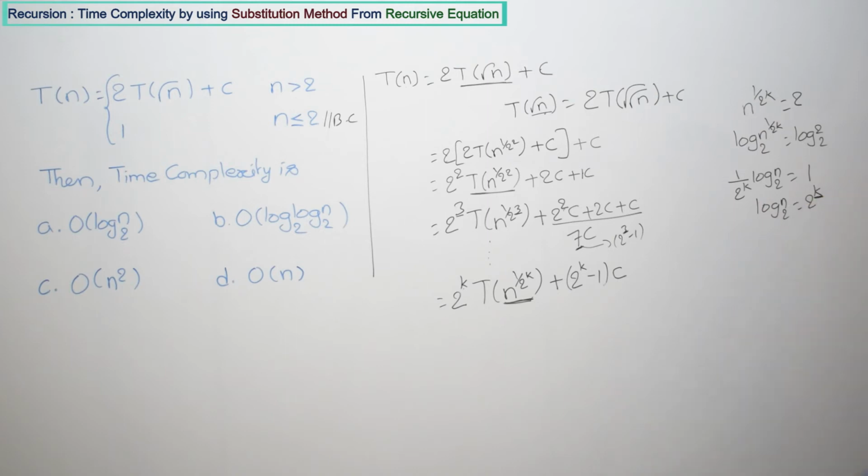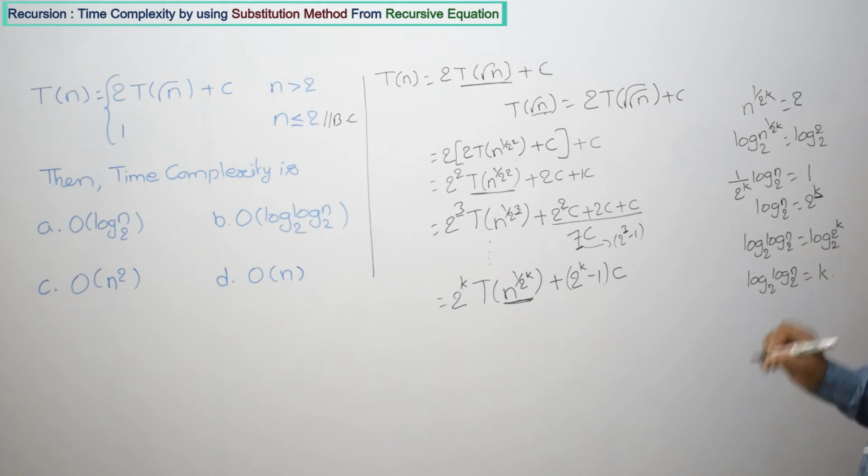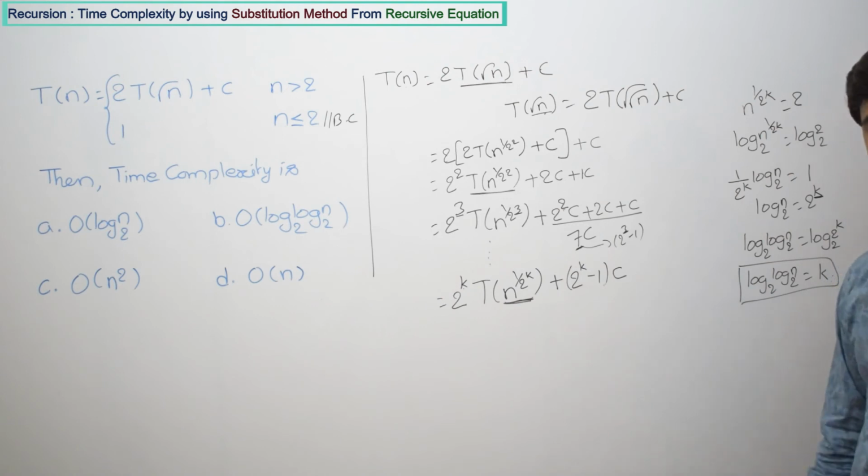To get the k value, again take the log on both sides: log of log n base 2 equals log of 2 power k. Then you will get log n equal to k.